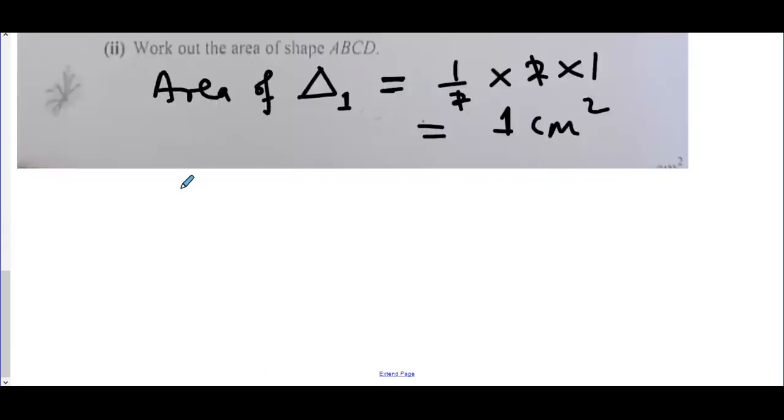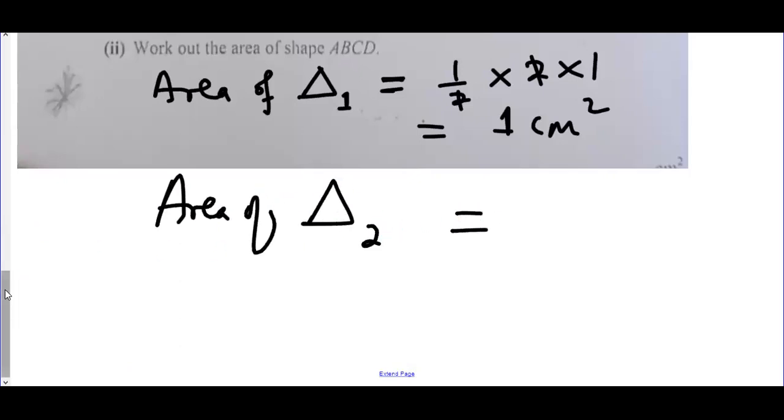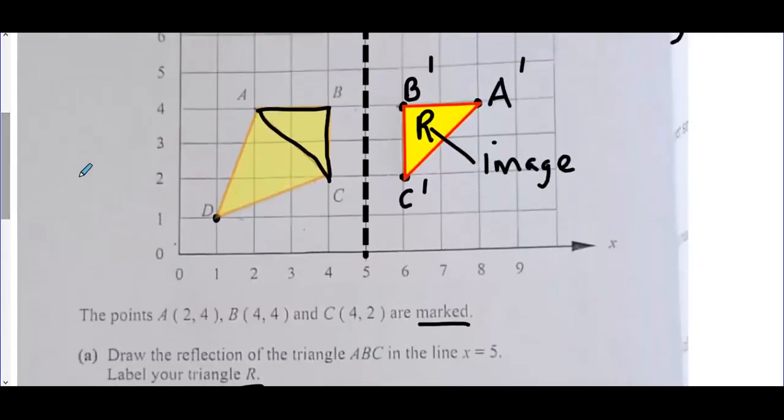Now, the area of the second triangle. You can see that the triangle which I'm talking about is this triangle. Okay, let me try to remove this so that we can count the boxes clearly.